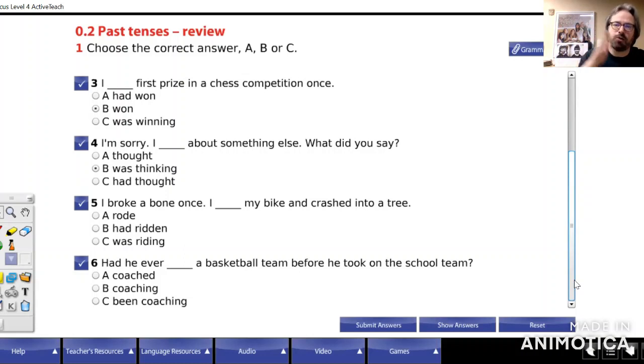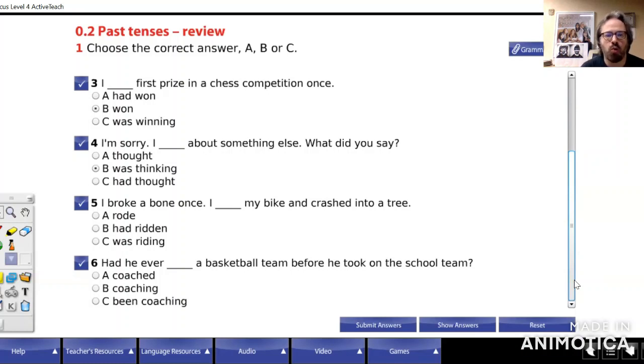So you sort of drifted away for a moment and you want to say, well, it was not just like a moment, because that can happen. Sometimes you just don't hear a word and you say, sorry, what was that word? But if you completely miss a longer period, you would say, sorry, I was thinking about something else. What did you say? This implies to the listener, to the other person, that you missed a lot of information.